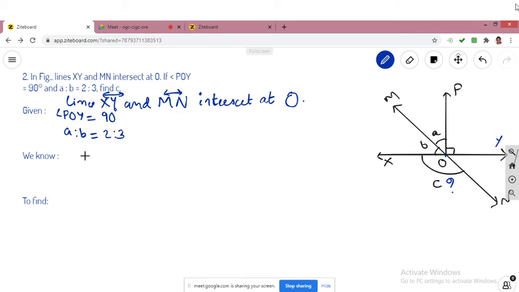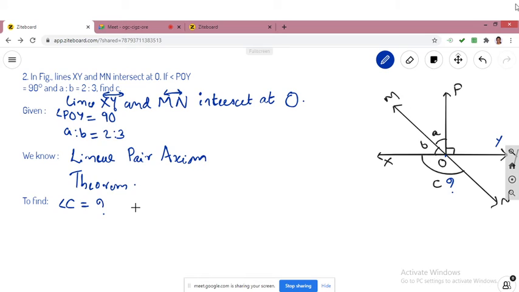The second one is the theorem about vertically opposite angles: vertically opposite angles are equal whenever two lines intersect. So these two things are what we know. Now, we need to find angle C, which is unknown.